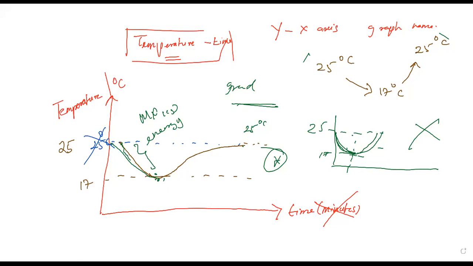Okay. Next question. In this experiment, explain why a plastic cup is used instead of a metal cup. What is the reason they have used a plastic cup? Why can't you use the metal cup?